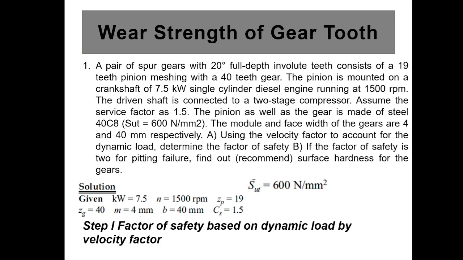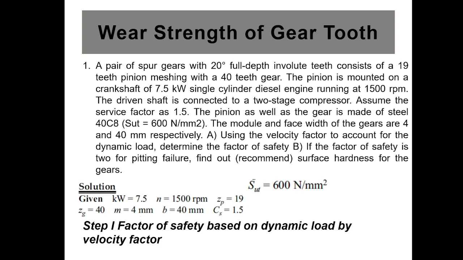First, we know the factor of safety is based on dynamic load by the velocity factor. The formula of beam strength is Sb equal to m b sigma b into Y. Here m is the module, b is the face width, sigma b is the bending stress of the pinion material, and Y is the Lewis form factor. For 19 teeth on the pinion, we first calculate the Lewis form factor.